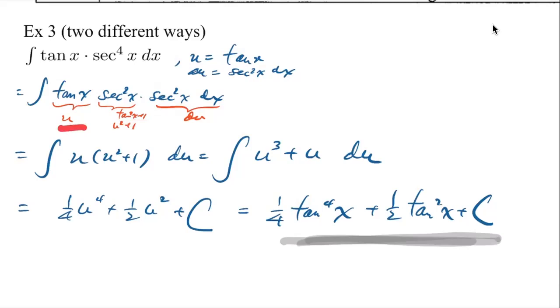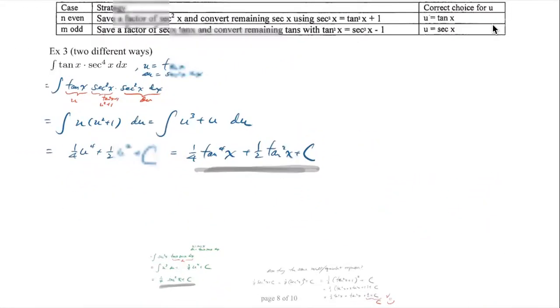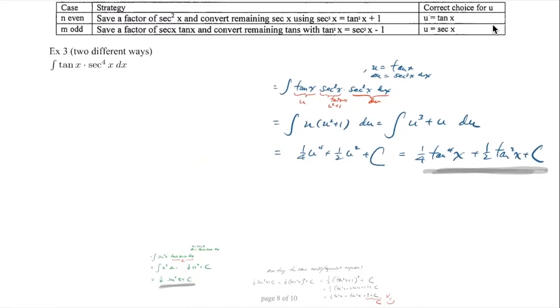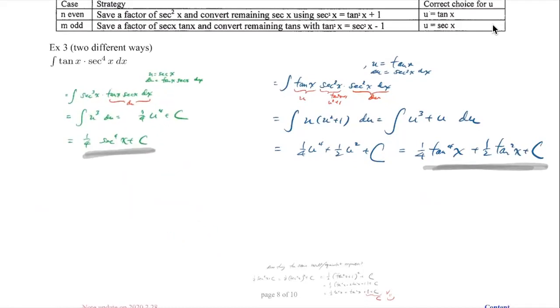So that becomes u and u squared plus 1 by distributing this expression. u to the third plus u du, antiderivative and substitution, and there's my answer. Okay, guys? All right, so what I'm going to do now is sort of push that aside, right? And let's see what happens, guys. There is another thing that we could have done, right? And that's this.